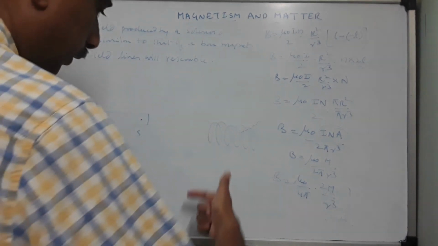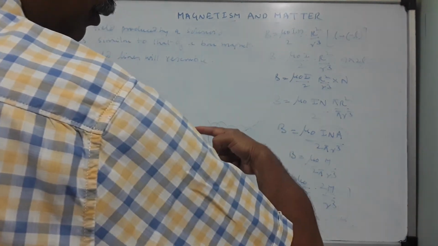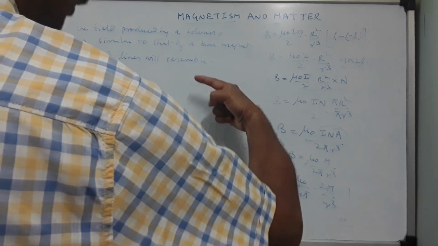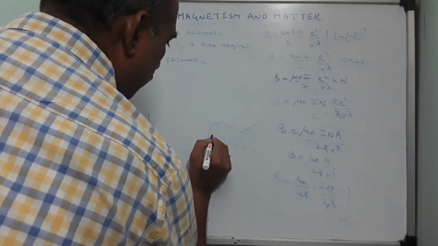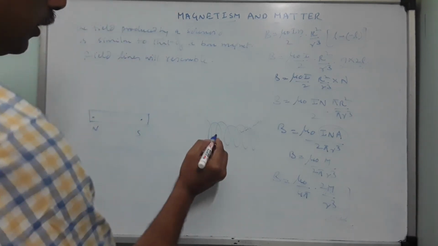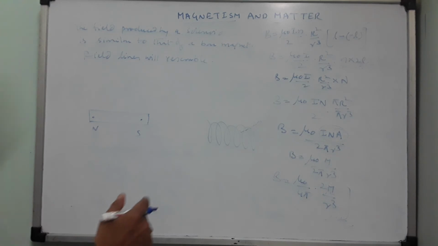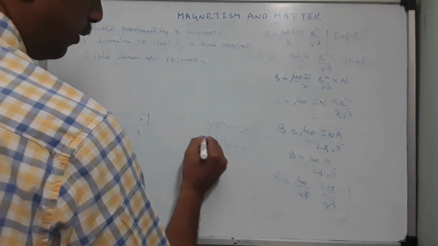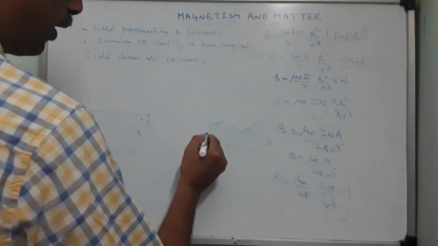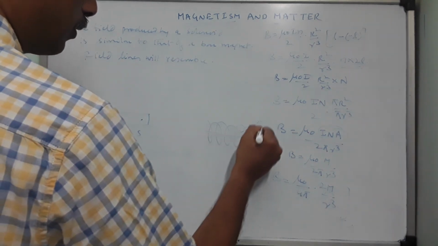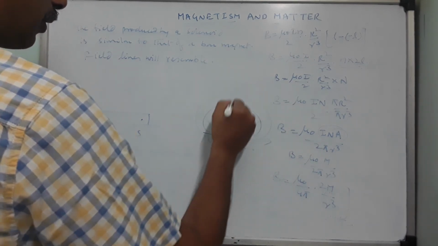If current is circulating in the clockwise direction, this part is above the plane of the board, this part is behind the plane of the board. Then the field line will be like this here, and other field lines will be like this.